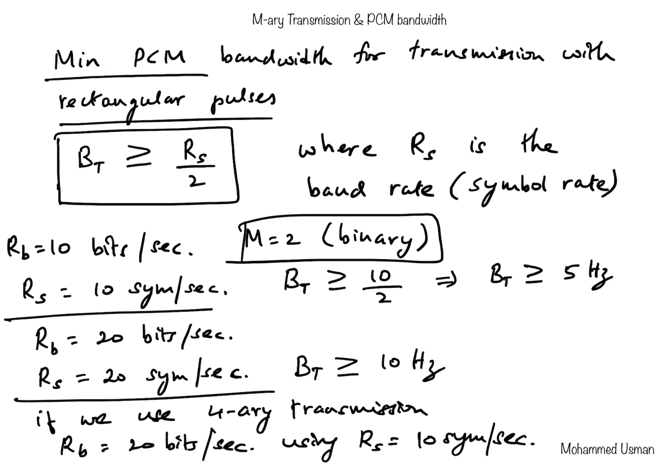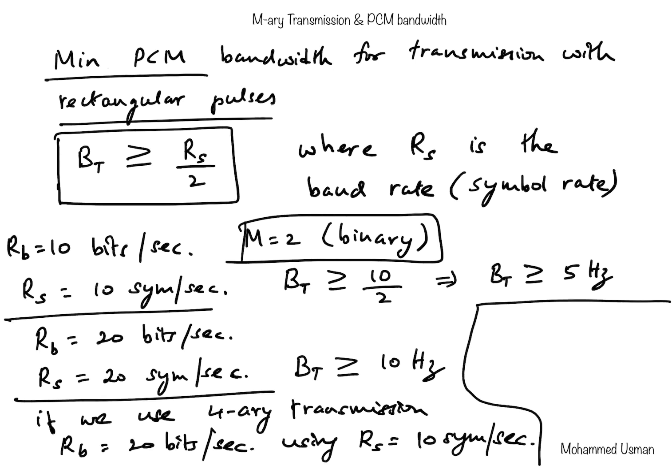So without increasing the baud rate, we are able to double the bit rate by using 4-ary transmission as compared to binary transmission.